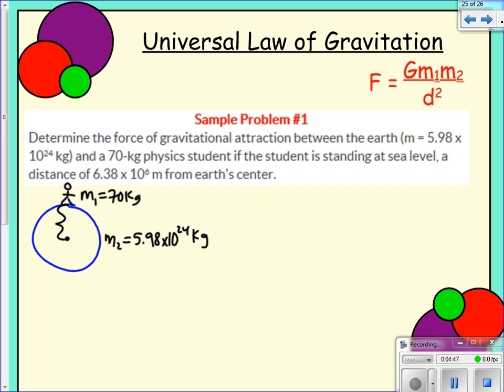After all, what you're actually gravitationally drawn towards is the core of the Earth. That's where most of the mass of the Earth actually resides. And so the distance that gets plugged into the equation is the distance between the person and the center of the Earth, which the problem tells us is 6.38 times 10 to the 6th meters, which is nice because it's already in meters. We don't have to convert.